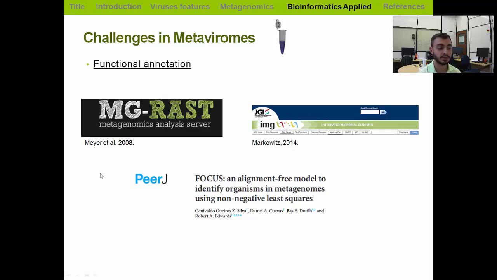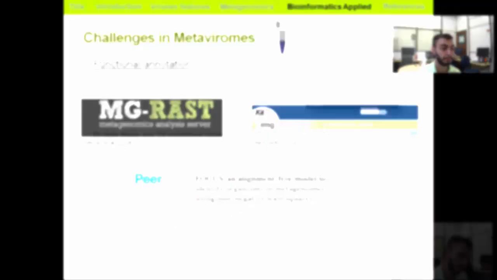And there is this one, which is kind of recent, and it's supposed to analyze reads as MG-RAST does, only faster than MG-RAST, and it uses alignment-free methods. I haven't used it yet, but sometime soon I will.